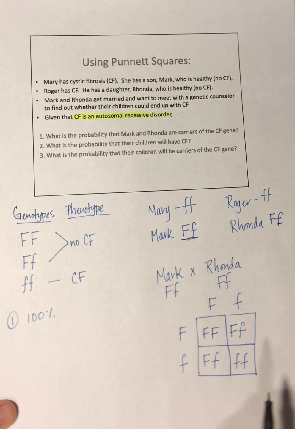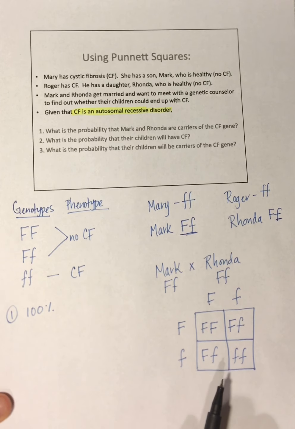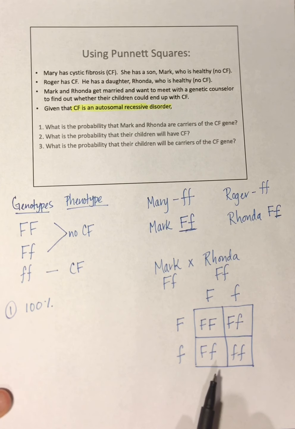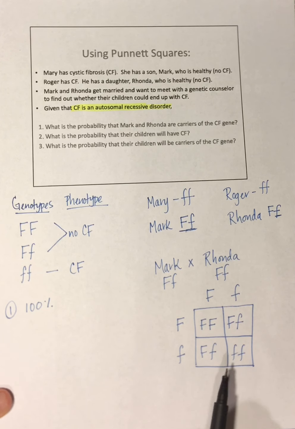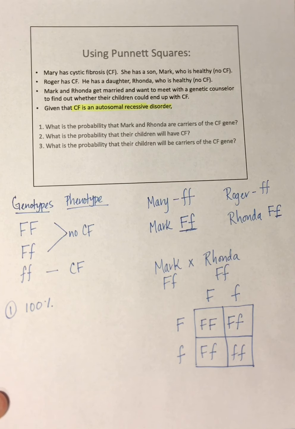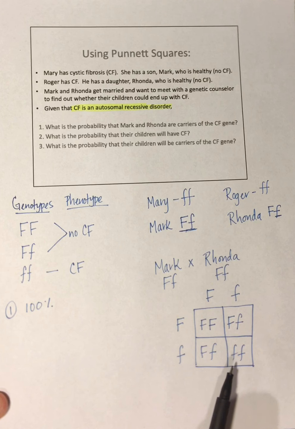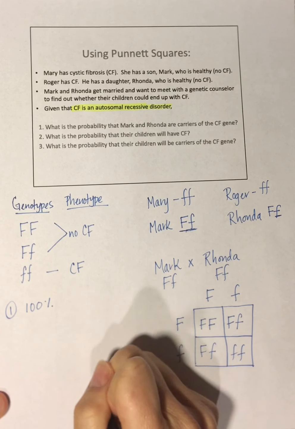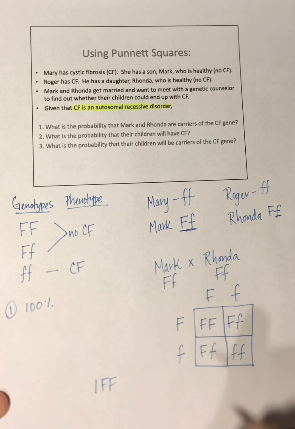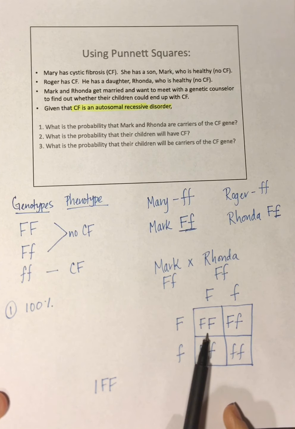So, if we look at the results of this Punnett square, we can look at the genotypic frequencies or ratios and the phenotypic ratios. So in terms of the genotypes, well, we have 1 homozygote dominant possibility right here.